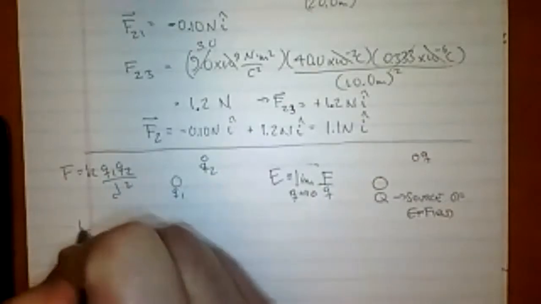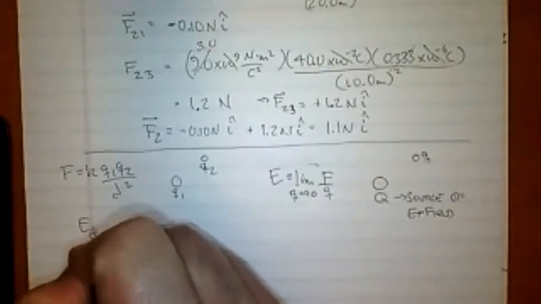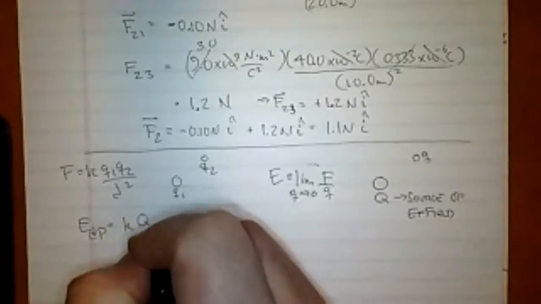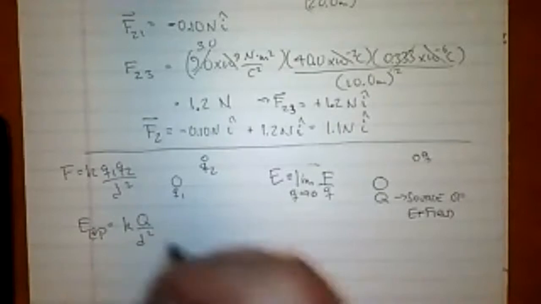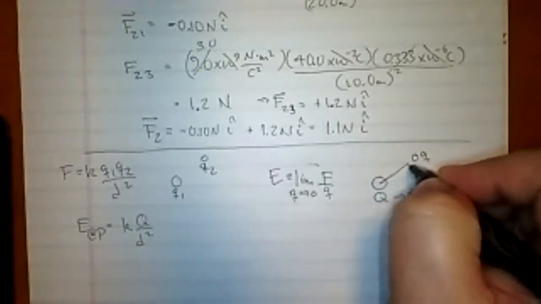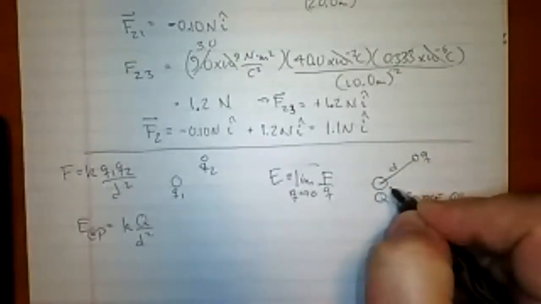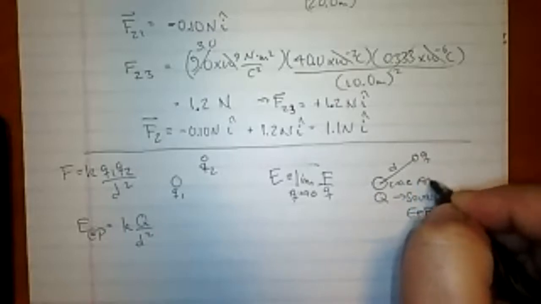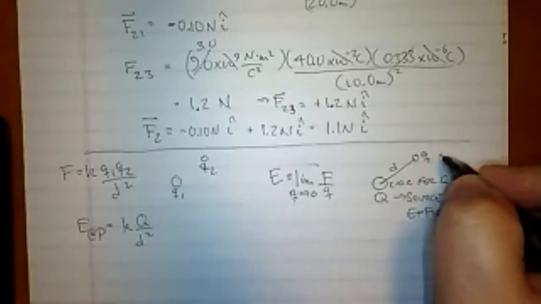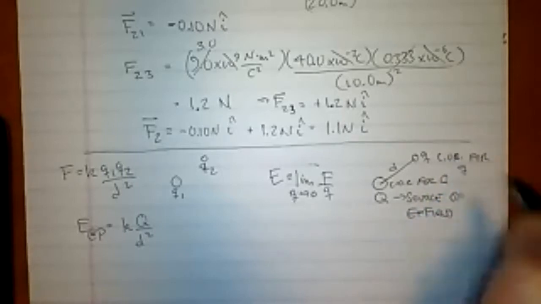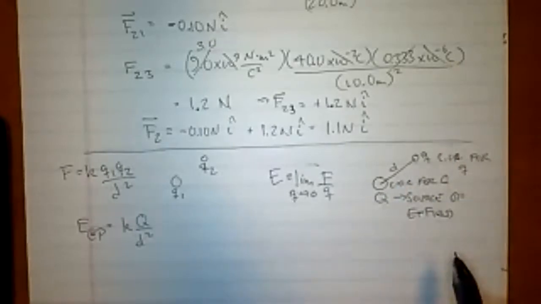And now we have the electric field at P equals kQ over the distance squared. And the distance is really the distance from the center of charge for Q to the center of charge for little q. So that's what that distance d is.